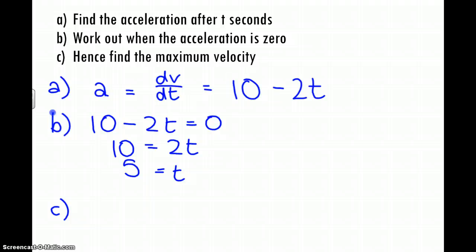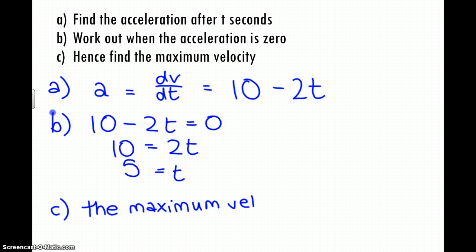And for part C, we're asked, or hence, which gives you a clue that you're probably going to use something from one of the parts before, find the maximum velocity. So the maximum velocity is going to happen when dv by dt is 0.